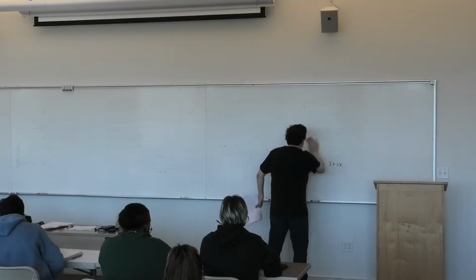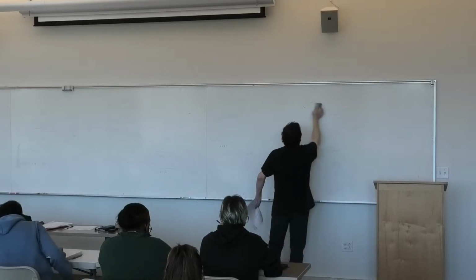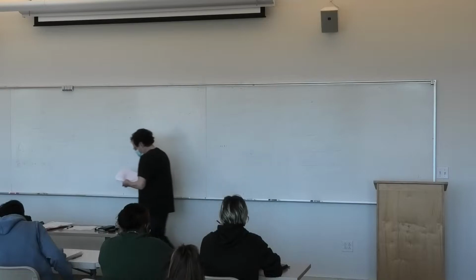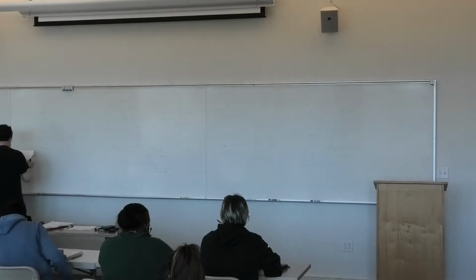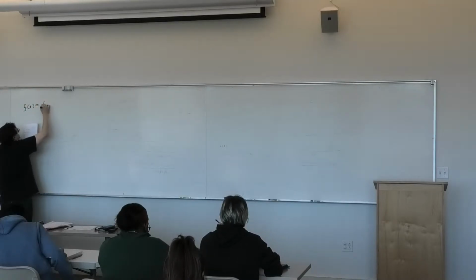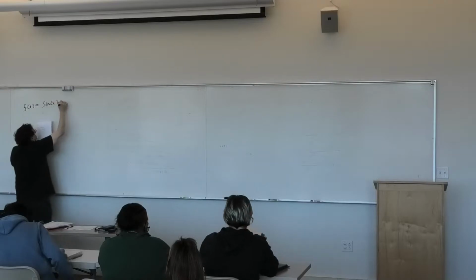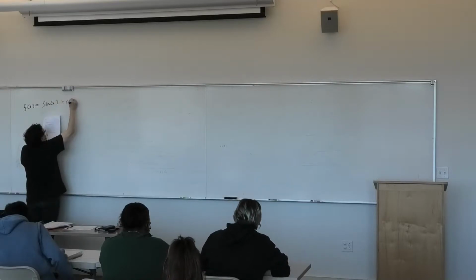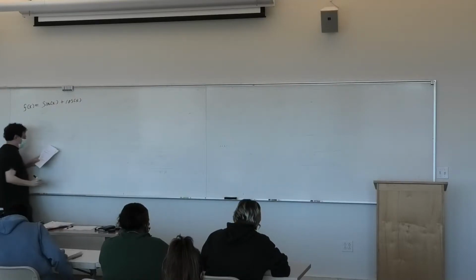The next type of problem usually looks simpler, but we might as well make it look a little intimidating. I have this function, sine of x plus cosine of x.